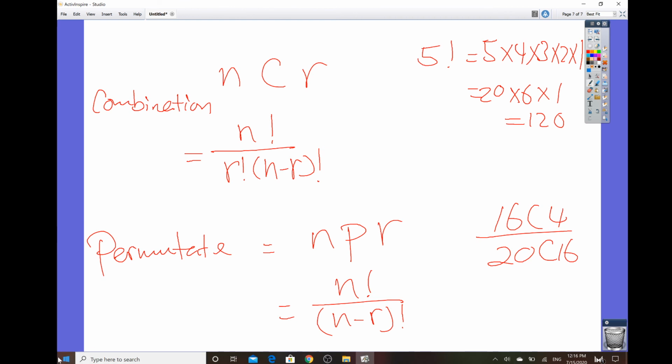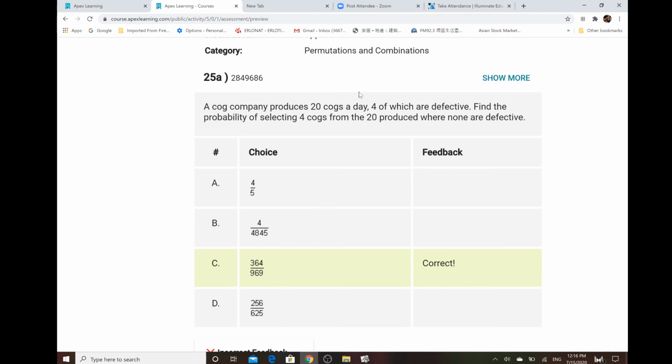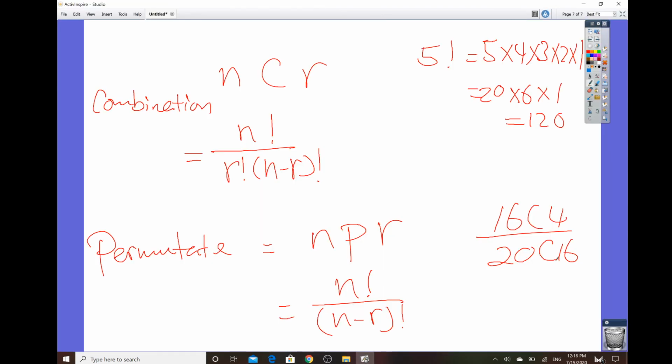Okay, so that's why we need to use combination. Again, the question is asking, find the probability of selecting 4 clocks from the 20 produced where none of those are defective. So 20 choose 16 will be the total possible outcome, because we need to force to choose those non-defective clocks. And then 16 choose 4 will be the possible outcome.